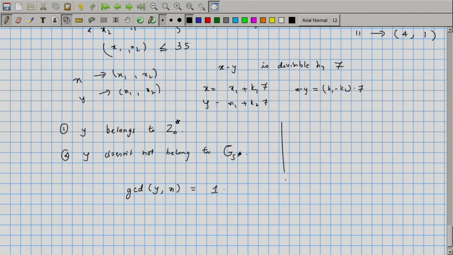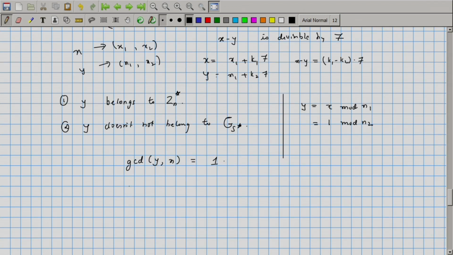Okay. So, the defining property of y was y is equal to x mod n1 and this is equal to 1 mod n2. So, we have this equation that y minus x is equal to k times n1. Okay. So, GCD(x, n1) is equal to GCD(y, n1).